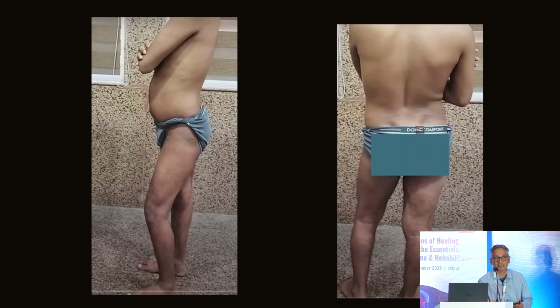So you should bring your pelvis down. When you are bringing your pelvis down, there is an apparent lengthening and your ASIS is down.